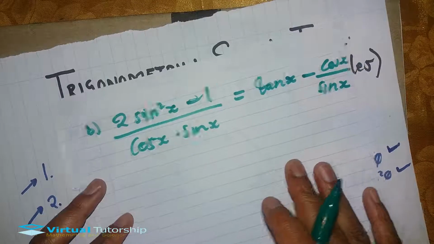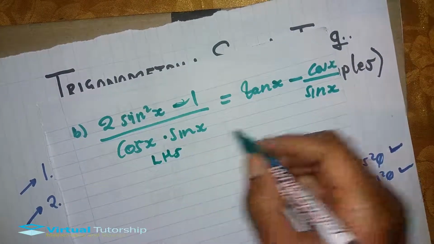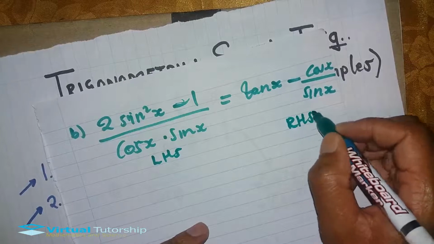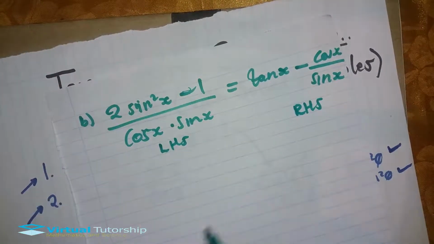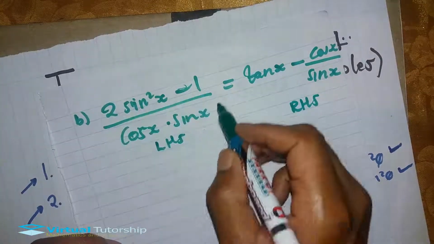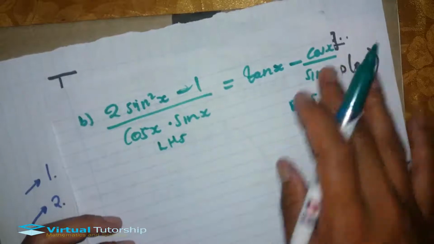So between the two sides, the first thing we do is compare the left hand side and the right hand side to decide which one to work on in more detail. This one for me, I'm going to work on in more detail than the other.